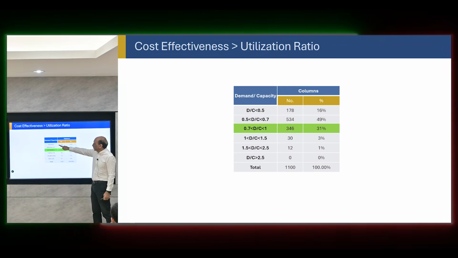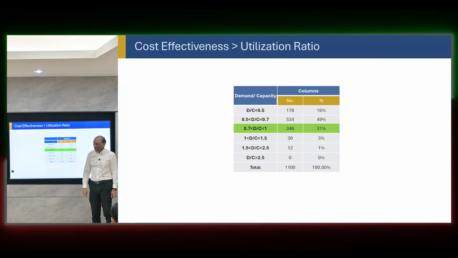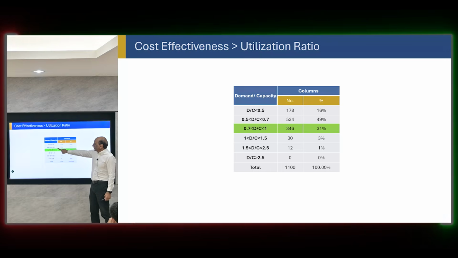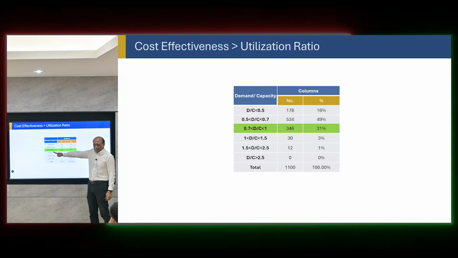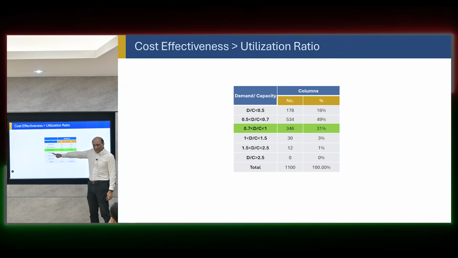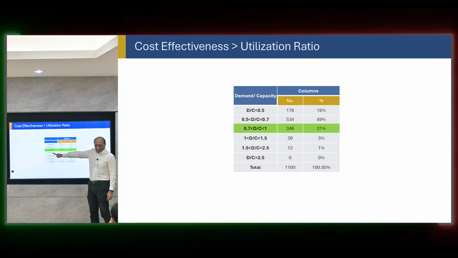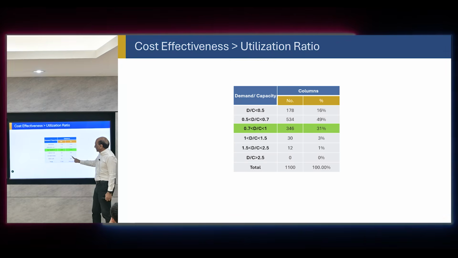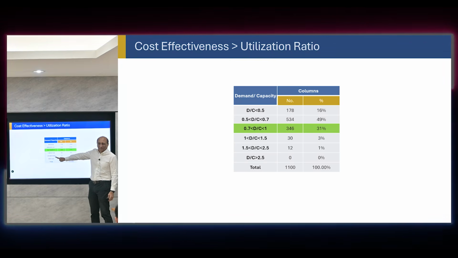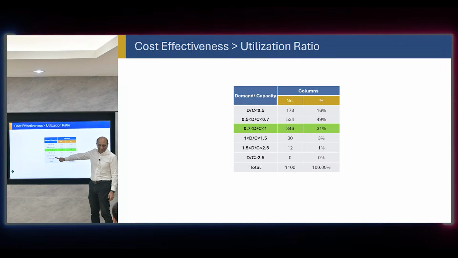Because their DC ratio was less than 0.5. 49% were in a good range, this one, and 31% in a very good range. They utilized the capacity well, they were not uneconomical, and they were also safe. And then 1% were over 1.5, kind of unsafe on the edge, right?